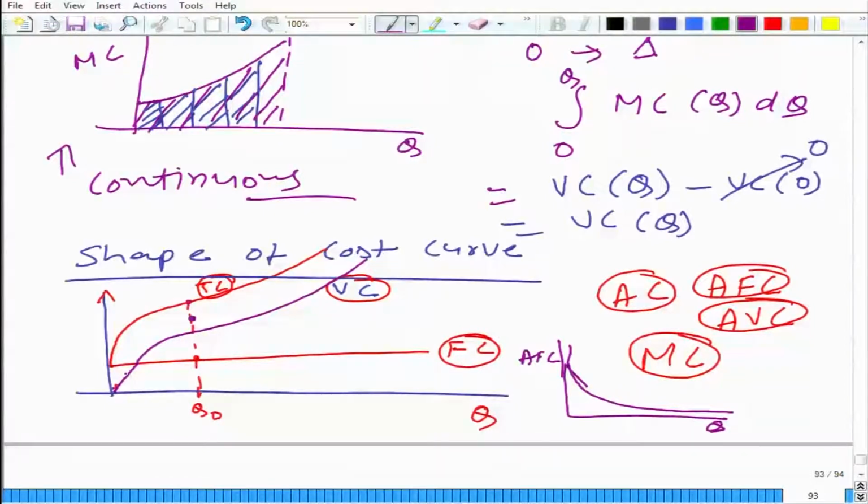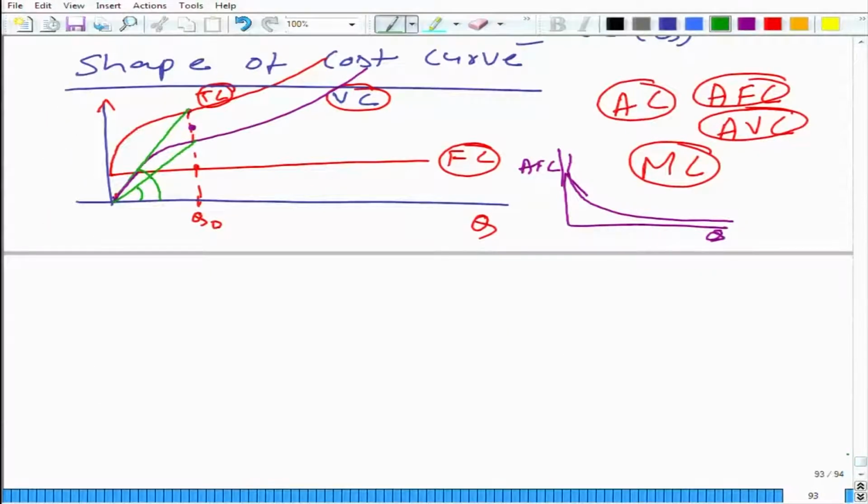How can we do that? Again the same technique: for this Q naught we draw a line from the origin to the corresponding point, and the slope of this line is average variable cost. Similarly, the slope of this line is average cost.